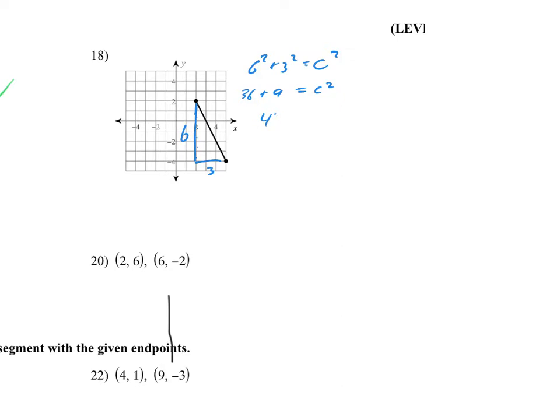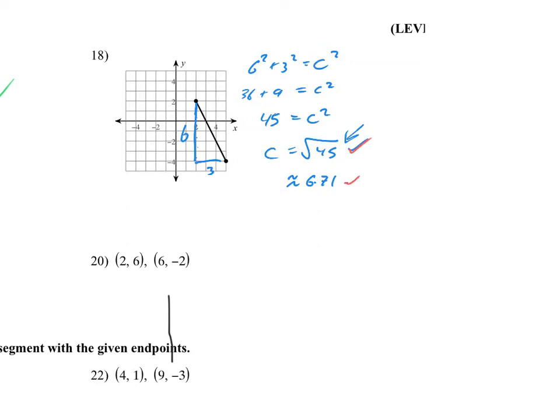I've only had 6 cups of coffee. 45 is C squared, and so C should be the square root of 45. That's great there, or if you want to run it as a decimal, square root of 45 is about 6.71. We like this format better because it's exact, but this is okay, so I'm happy with either of these.